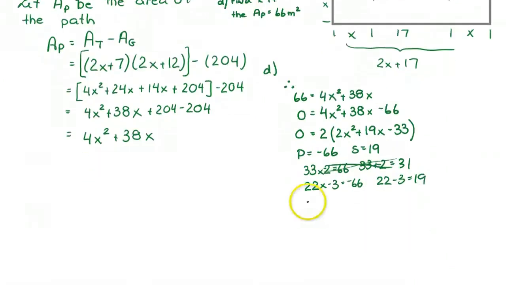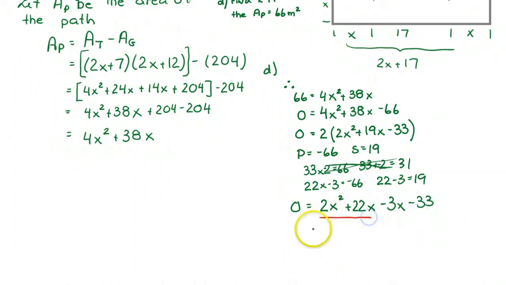So now I'm going to apply decomposition. So I'm going to say 0 is equal to, and at this point, I'm going to do two steps. I'm going to divide both sides by 2, so that 2 in front disappears. 2x squared, and now I'm going to decompose the b term. So 2x squared plus 22x minus 3x minus 33. And now I'm going to apply my nice little rule here.